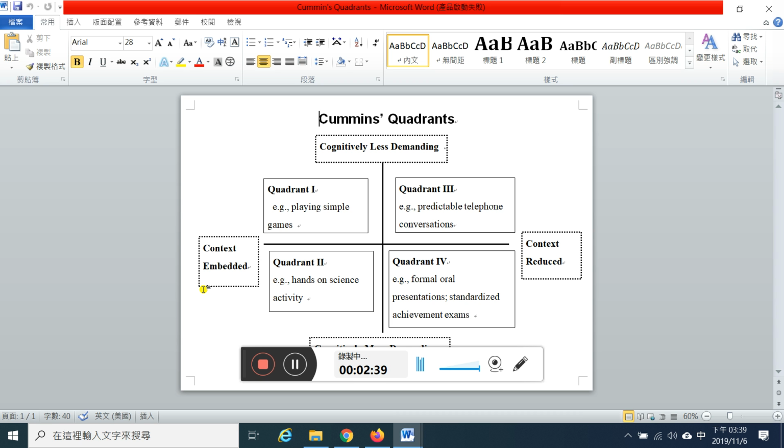You have more clues to figure out your conversational partner's meaning. For instance, facial expressions. In face-to-face communication, we can observe people's facial expressions to know whether he or she is angry or not, whether he or she means it or not.